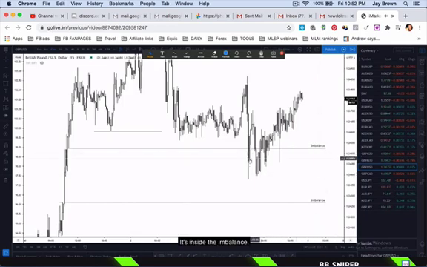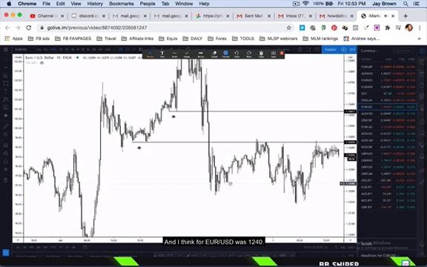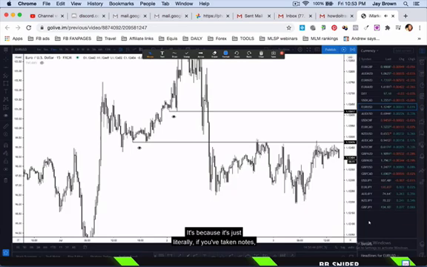It's inside the imbalance. Why 2440? It's the nearest rounded even number that's in the middle of the imbalance. And I think for Euro USD it was 1240. I think that was all. It all happened so fast. I don't remember, or even 1250. It was one of the two, but that's why, if you're taking notes, it's just the next available whole number after the equal lows or highs, whichever one is nearest.